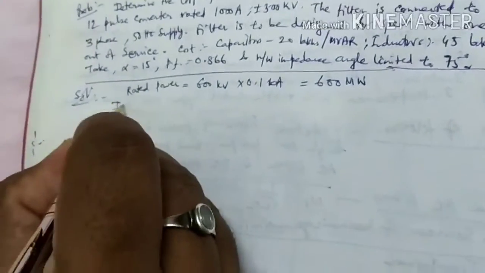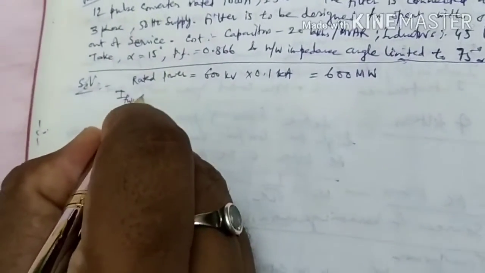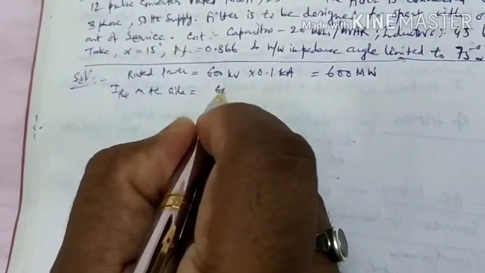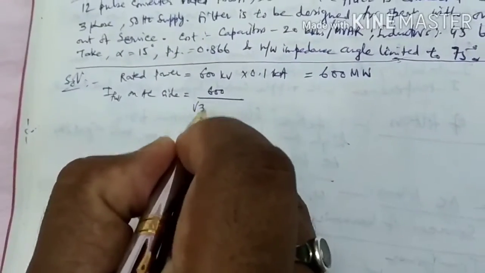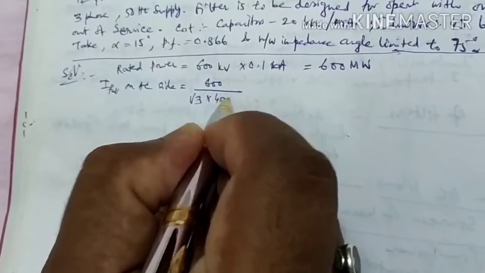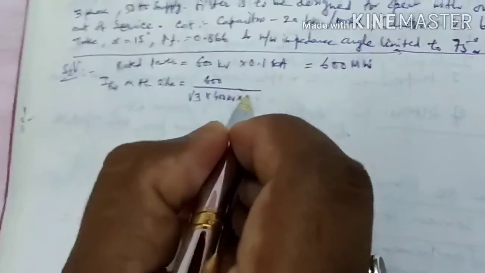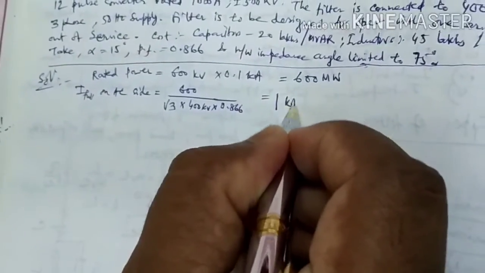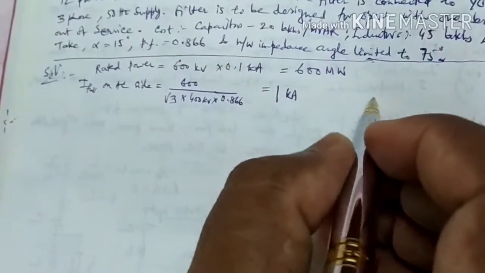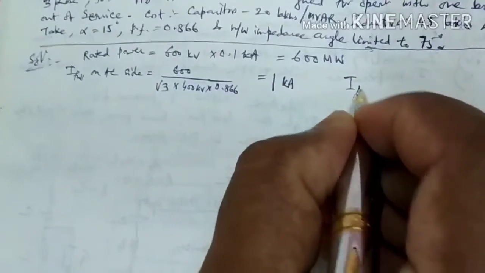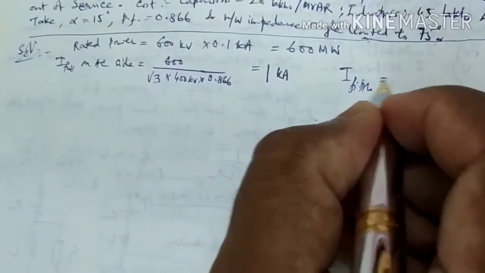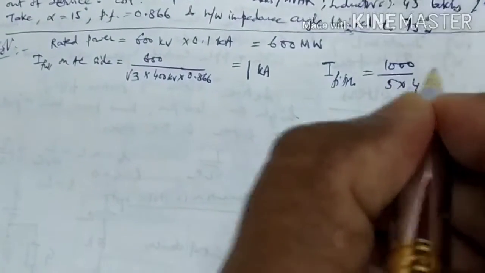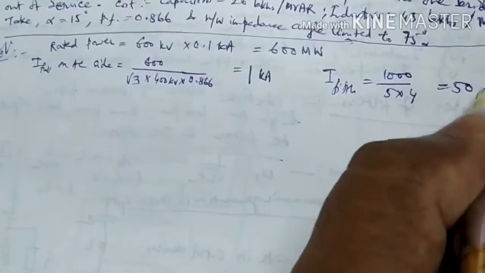And I1 on the AC side will be equal to 600 divided by root 3 into 400 kV into power factor 0.866. So that will be 1 kilo ampere, and I fifth will be 1000 by 5 into 4, so that will be 50 ampere.